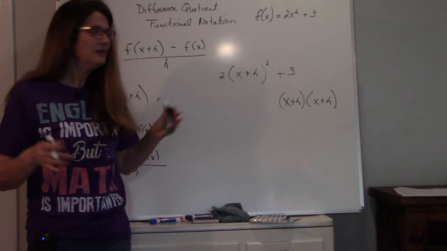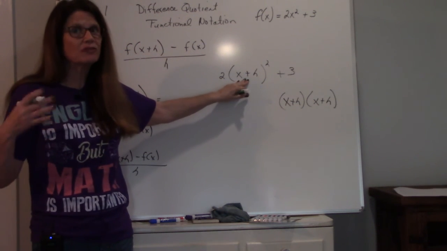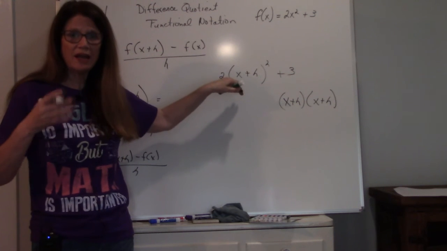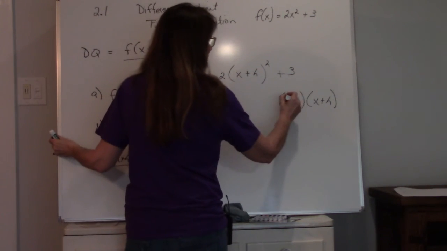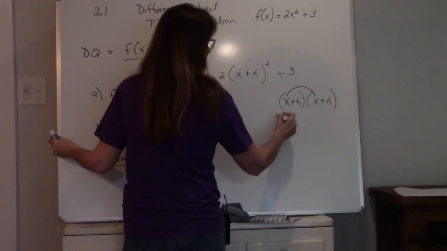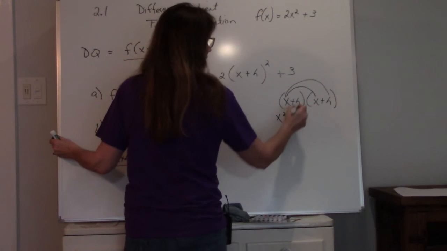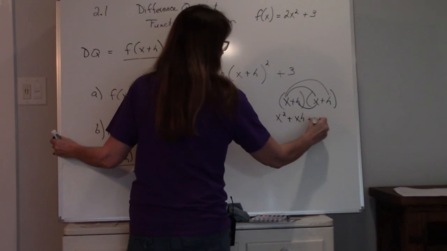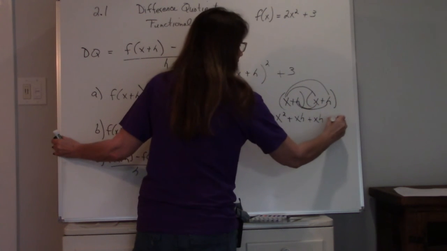What you're going to find is this x plus h squared is going to be the same thing every single time because you're working it out as x plus h times x plus h. So if I do FOIL, right, x times x is x squared. x times h is xh. h times x is still xh. And h times h is h squared.